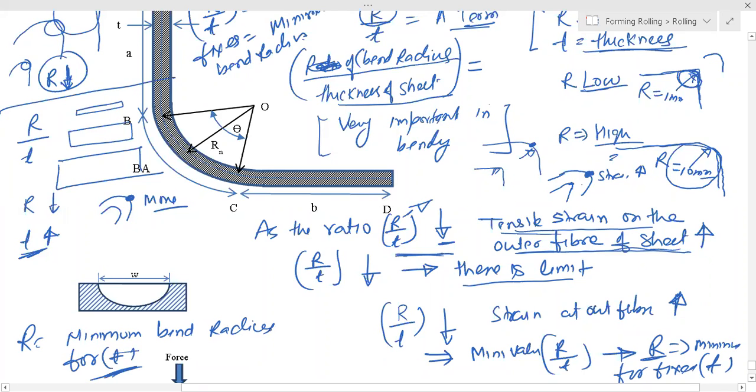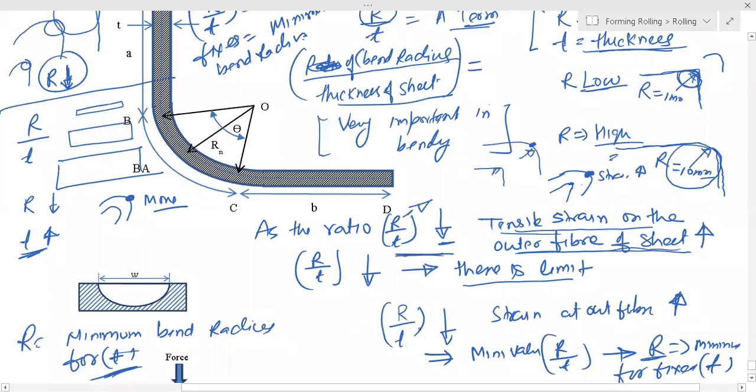If somebody asks you what the minimum bend radius is for this thickness, you can say that it is the radius up to which there will not be any failure, and the strain will be within limit. But if you decrease the bend radius further, strain at the outer fiber will increase, and finally the material will crack at the outer surface.